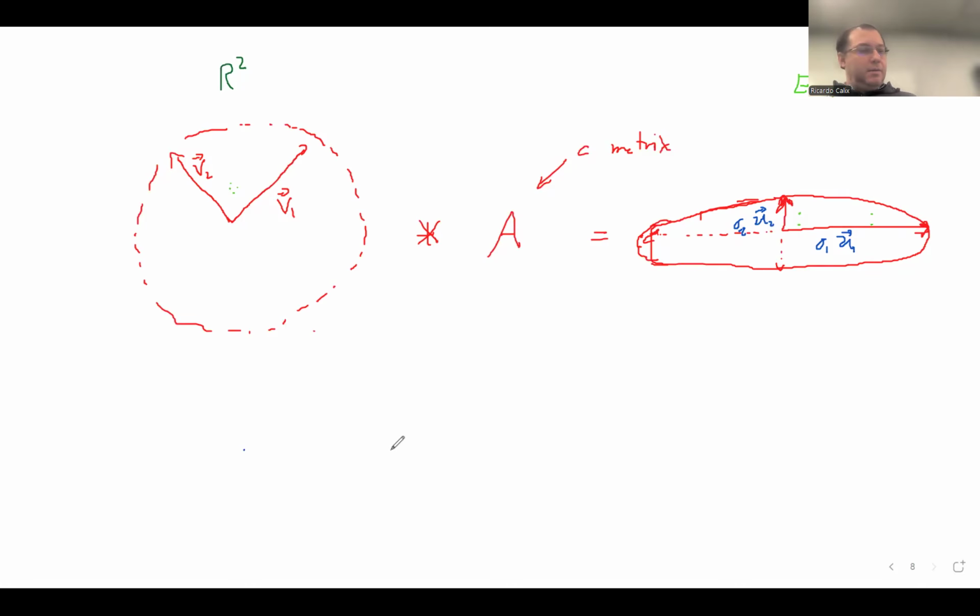So we started with a vector space made up of what? These axes, right? V1, V2, and we can generalize.